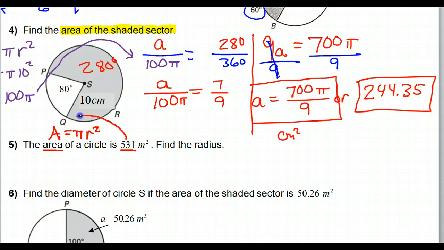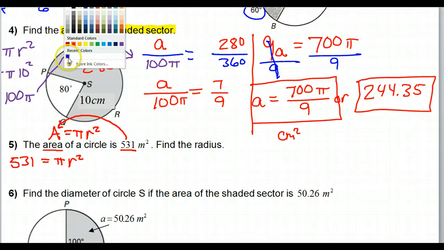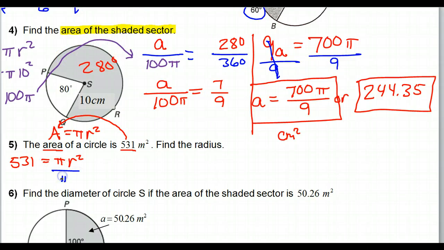So I should take this 531 and put it in for the area. So that gives me 531 is equal to pi times the radius squared. Alright, I'm just supposed to find the radius. So in this case, I just need to divide both sides by pi, like this.